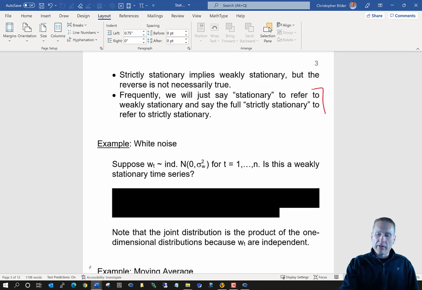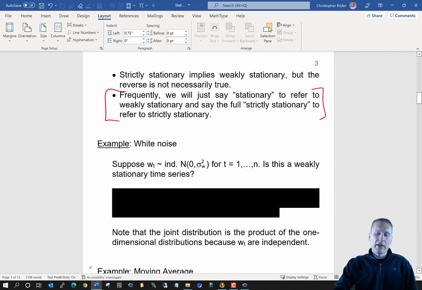Very often, when people say stationary, they won't necessarily say weakly or strictly. If they just say stationary, what they are actually referring to is weakly. It's just because this is what we typically work with most often in time series analysis, and so people don't like to put that extra word in front of it.